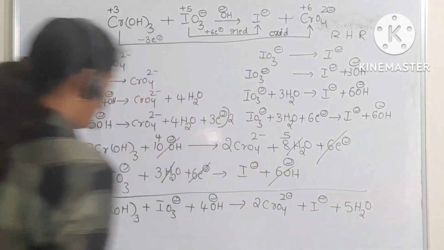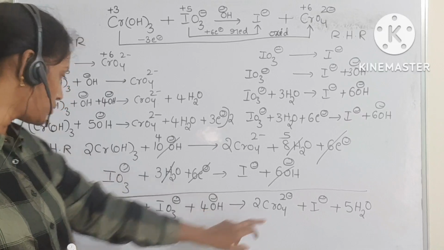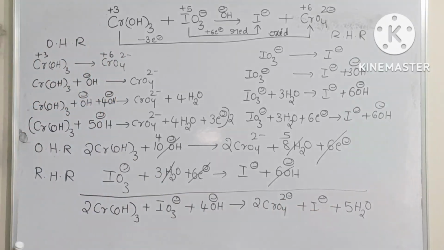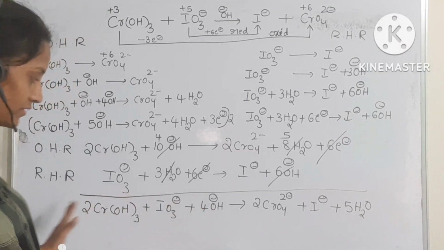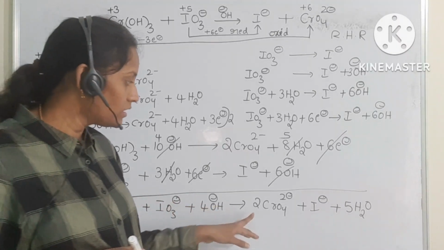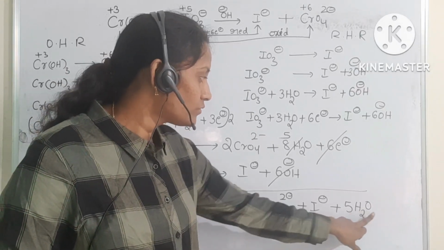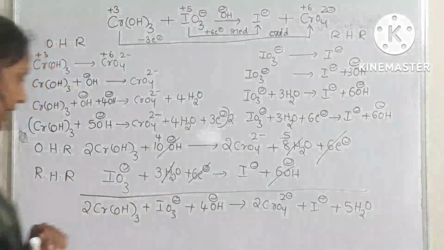Now you can check whether it is balanced or not. There are 2 chromium atoms, 1 iodine on the left, and 1 iodine on the right. On the left side of the balanced reaction, 2 threes are 6 oxygens, plus 9 oxygens, plus 4 more is 13 oxygens. On the right, 2 fours are 8, plus 5, so 8 plus 5 gives 13 oxygens, balanced.